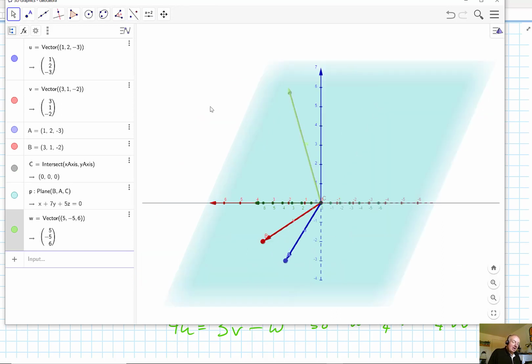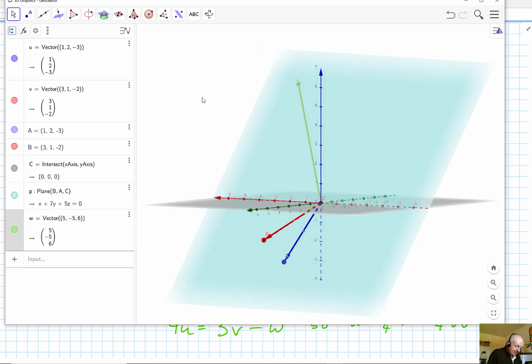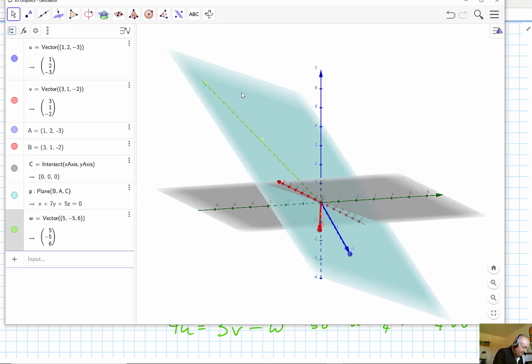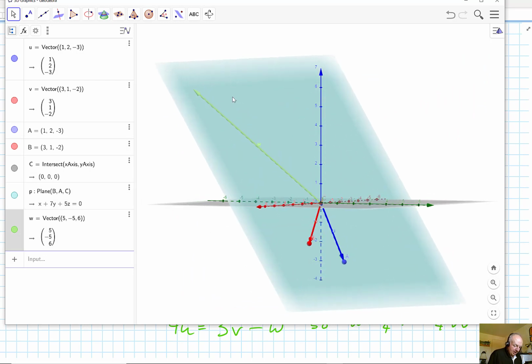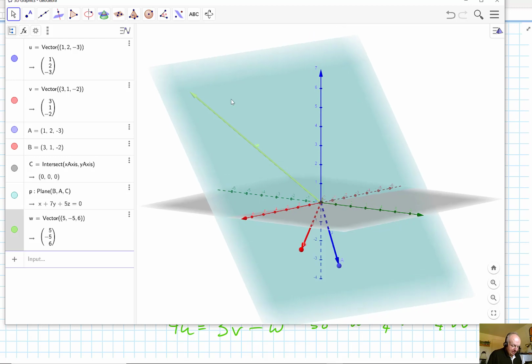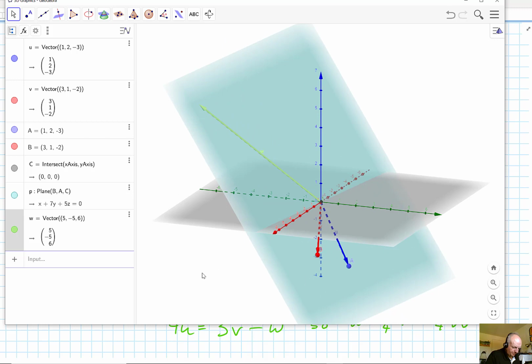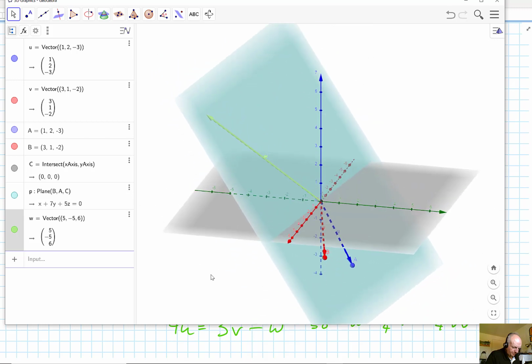But here's what I want you to notice. I'm going to rotate this a little bit. Remember, these are dependent. We just determined that. Look what happens. Look at that. The green vector, w, is in this same plane. So that means I can take a little bit of u and a little bit of v. I can take negative 4u and 3v, and I can get w. So see, I can build w using those two.